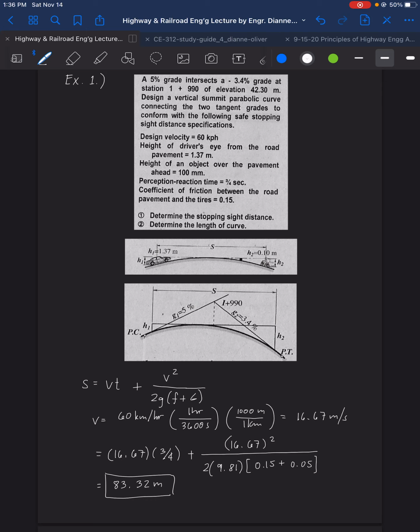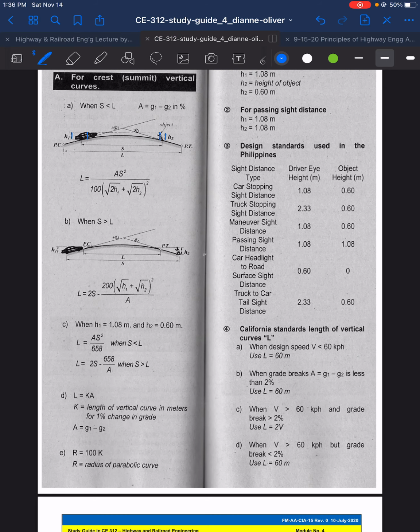Next, we will be solving for the length of the curve. For the length of the curve, we will choose either this formula or that one, so let's make some assumptions.